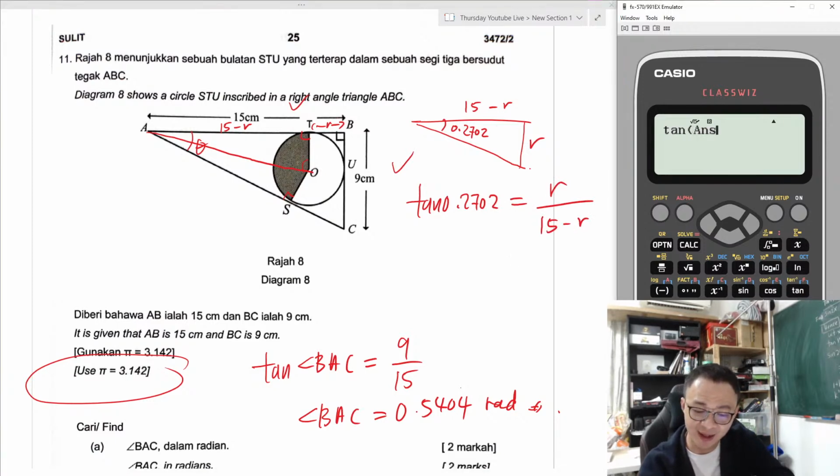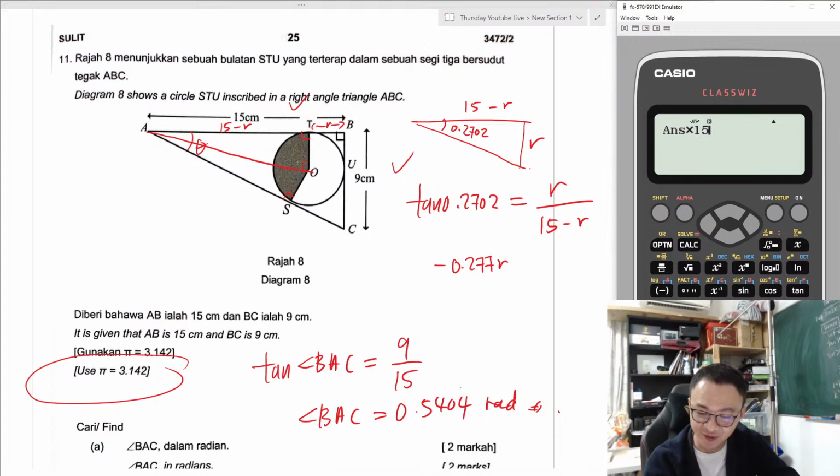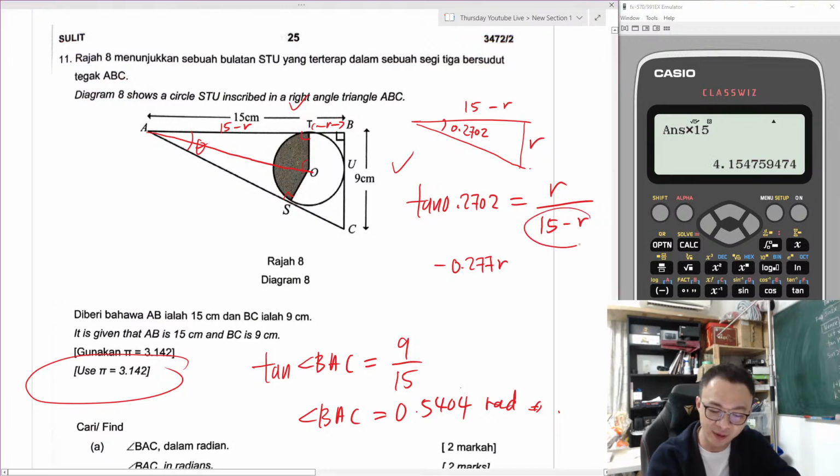So my tangent answer is this one. So minus 1.277R, this answer times 15, because I move the whole thing to the other side, make it multiply, 4.155 equals R.